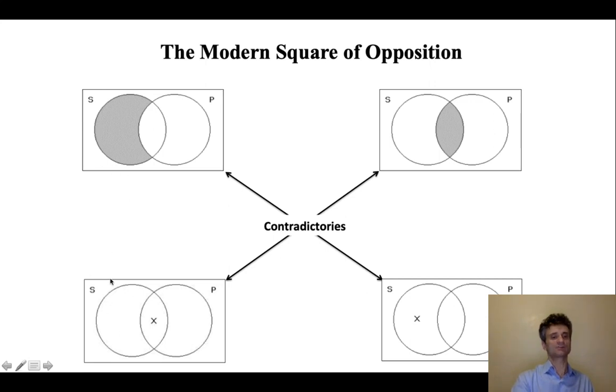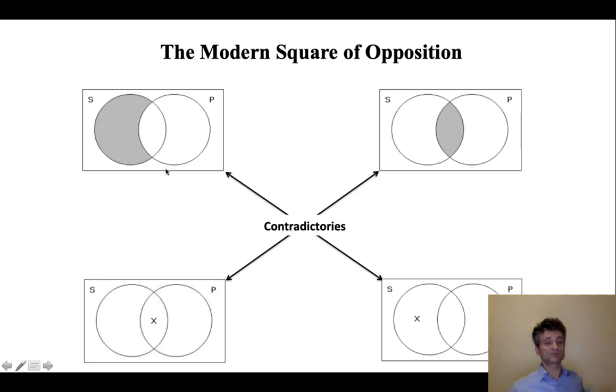What about superalternation? Well, superalternation says that the falsehood of the particular implies the falsehood of the universal. However, if I is false, this does not imply that A is false.